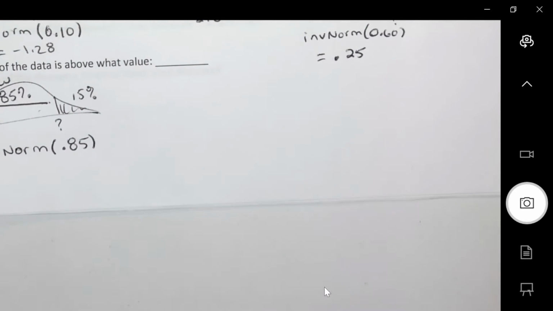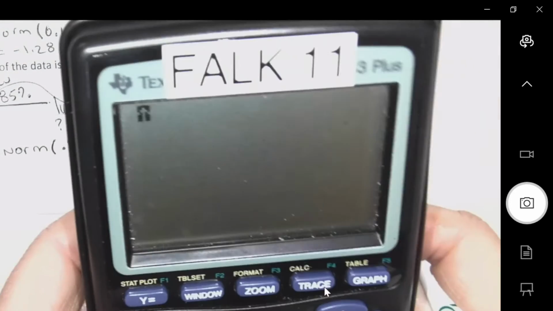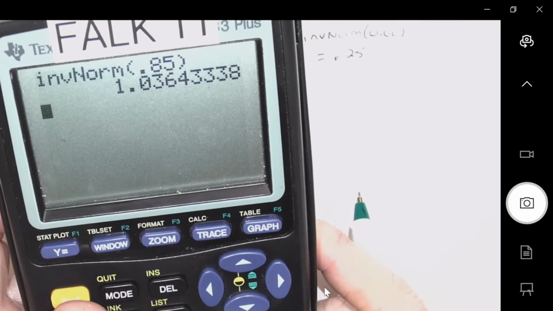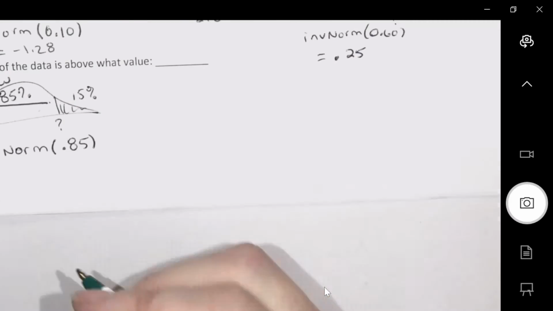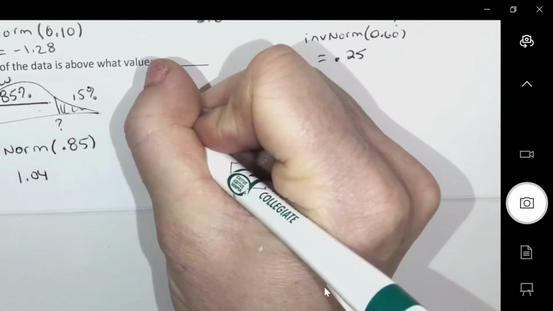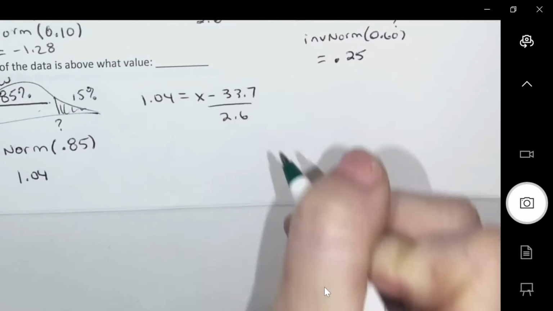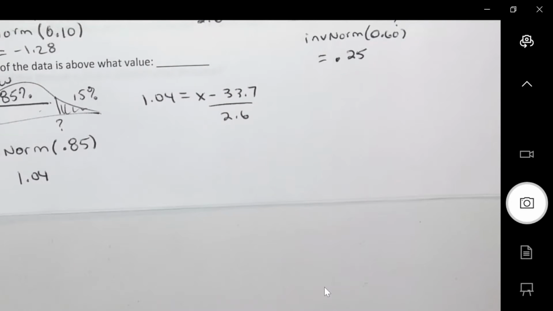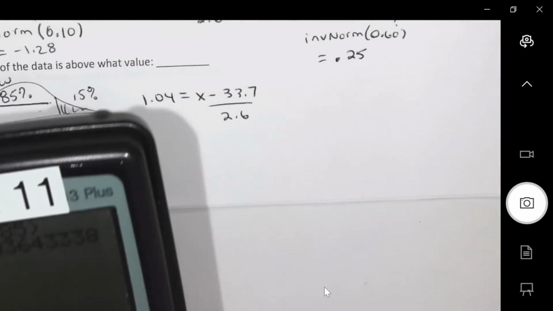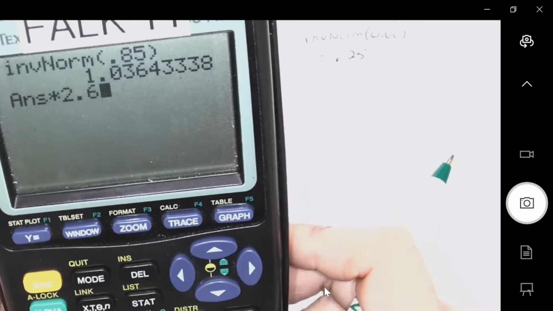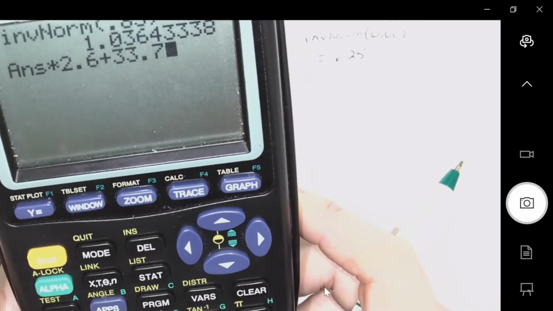If you're above the mean, you're positive. If you're below the mean, you're negative. I'm definitely positive here. So 0.85, 1.04. Okay, then we jump back into our Z score formula. Times and add.